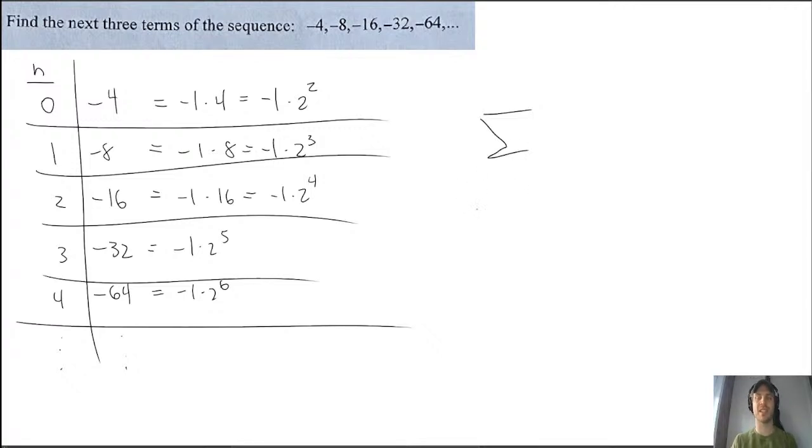This is not a series. This is a sequence. So let's call our sequence A. The nth term is going to be, so let's index it by 1 then. So this is 1, 2, 3, 4, 5.